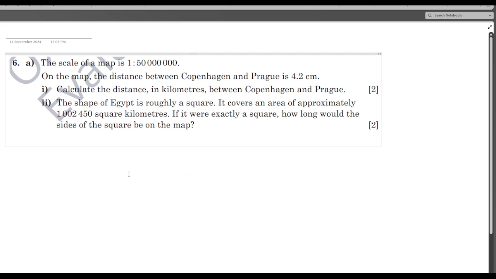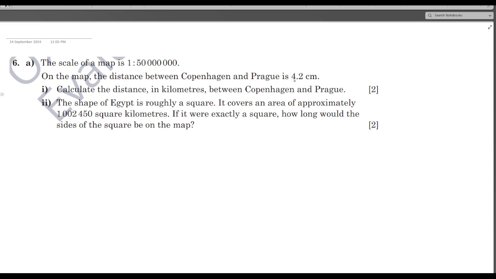Okay, now the sixth problem: the scale of a map is 1:50 crore. On the map, the distance between Copenhagen and Prague is 4.2. Calculate the distance in kilometers between Copenhagen and Prague. So on the map it is 4.2. So your actual distance will be 4.2 times 50, then 0, 0, 0, 0, 0, 0.